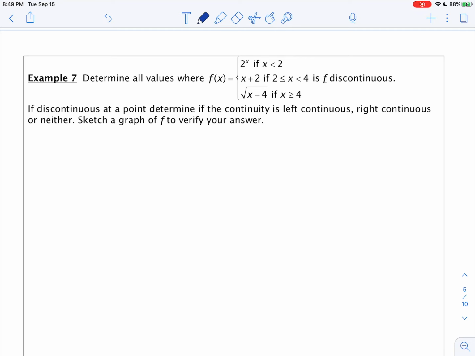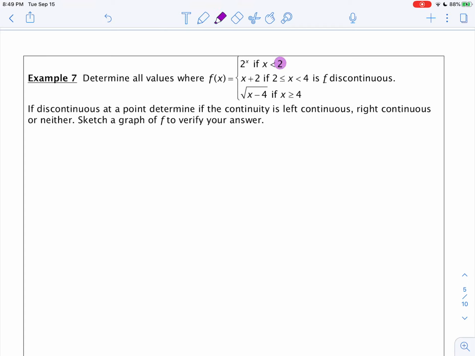Determine all values where f of x, this piecewise defined function, is discontinuous. If discontinuous at a point, determine if the discontinuity is left continuous, right continuous, or neither. Sketch a graph of f to verify your answer. Maybe I'll have time to sketch, maybe I won't. But which are the problem points we have?